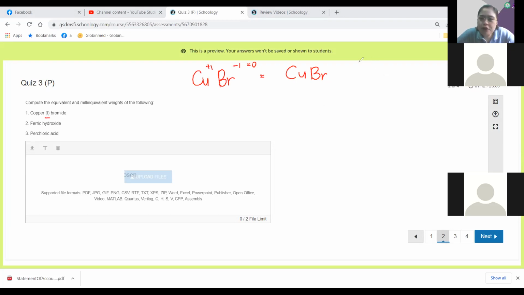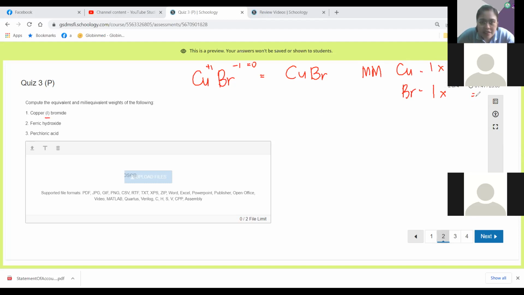Okay, now before you compute for the equivalent and the milli-equivalent weight, you just have to compute for the molar mass. We only have 2 elements here, Cu and Br. Cu is 1, then bromide is 1, and then let's multiply each of them by their respective atomic weights. Kindly look at your periodic table and give me the atomic weight of both elements, since I don't have a periodic table here.